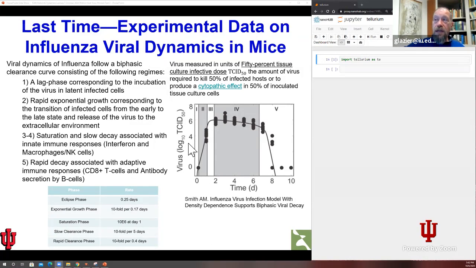Reminding you that this TCID number is an operational definition of the amount of virus. It's essentially how infective the supernatant over the tissue is. It makes sense to do that because if you counted individual virus particles, you don't know whether they're infectious or not.